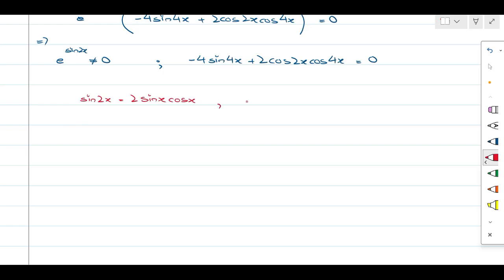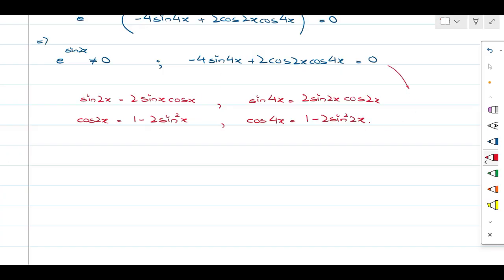So sine 4x would be 2 sine 2x cos 2x, since x is multiplied by 2. And cos 2x is 1 minus 2 sine square x, so cos 4x is 1 minus 2 sine square 2x.